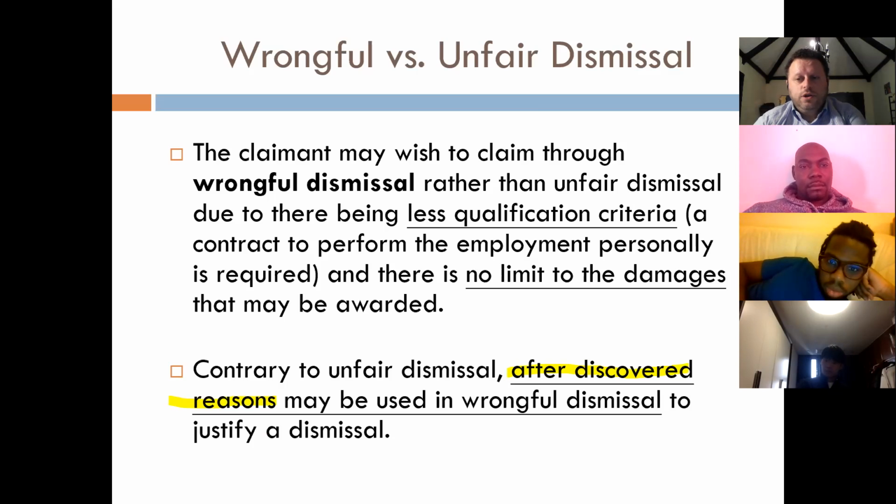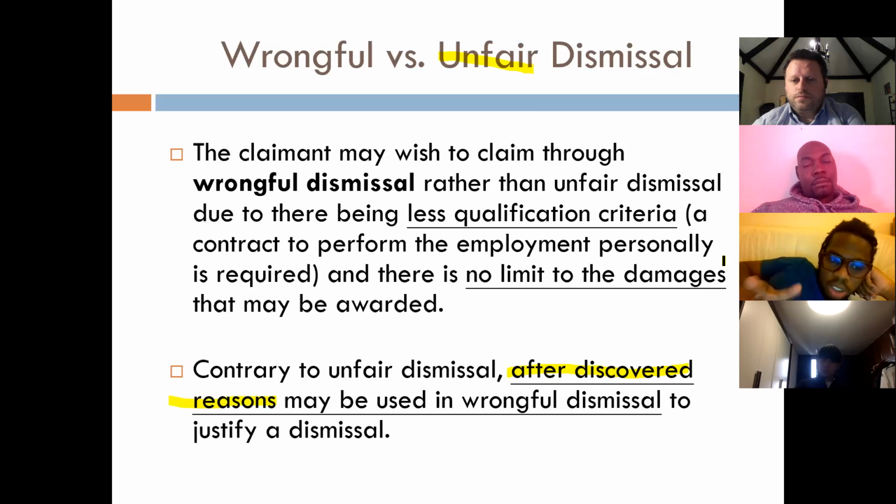Does that make sense? So the boss fired you today with a bad reason. But then later they find out a better reason to fire you and they say, oh, you're fired because of the better reason. They can't do that in unfair dismissal. But in wrongful dismissal, they can do that.